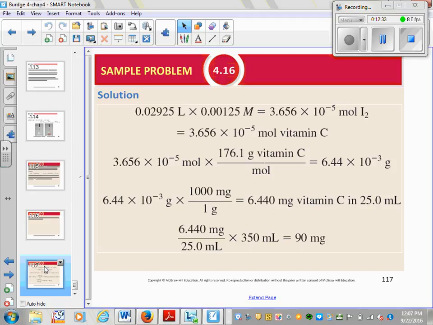Well, the molarity was 0.00125. We had 29.25 milliliters. The molarity of the ascorbic acid, and we had 25 milliliters. So then the molarity of the ascorbic acid, solve for that.